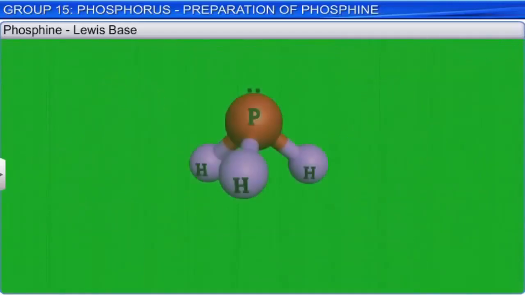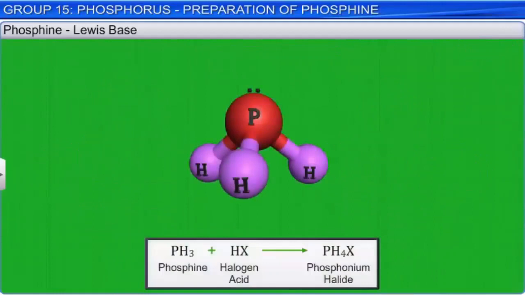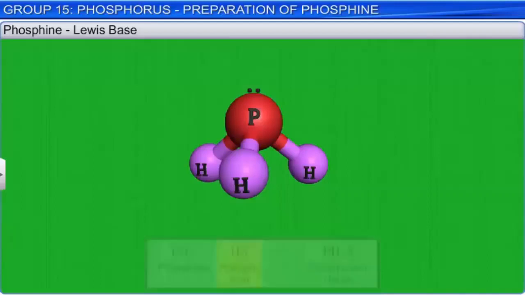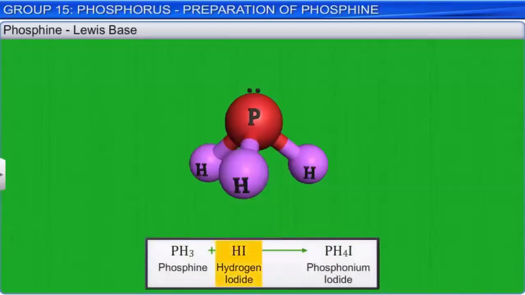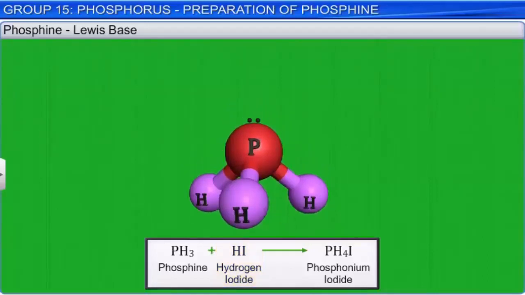Its basic character is evident from its reactivity towards anhydrous halogen acids such as anhydrous hydrogen iodide. Phosphine combines with hydrogen iodide, thereby acting as a Lewis base by donating its lone pair to form phosphonium iodide salt.